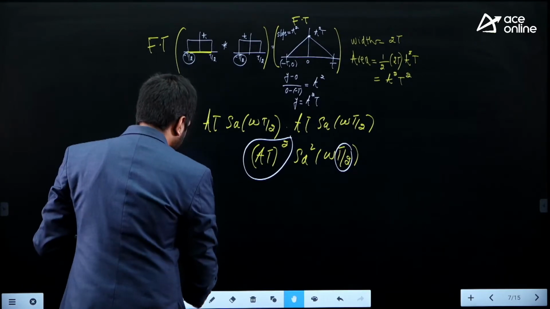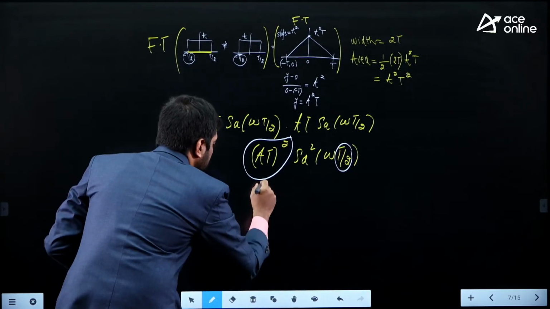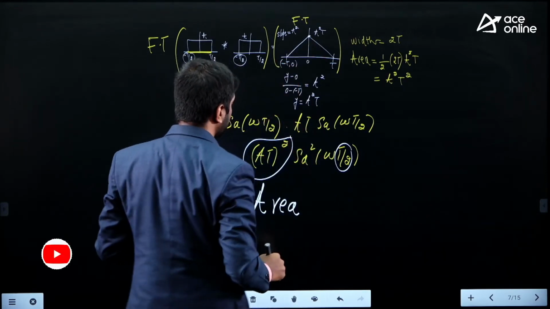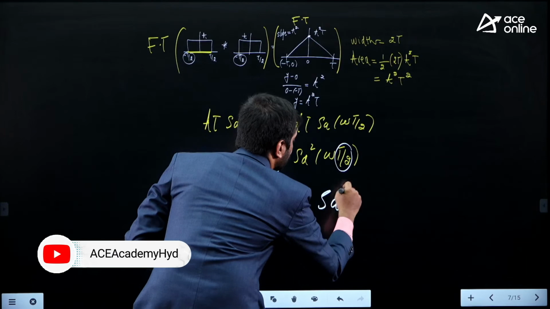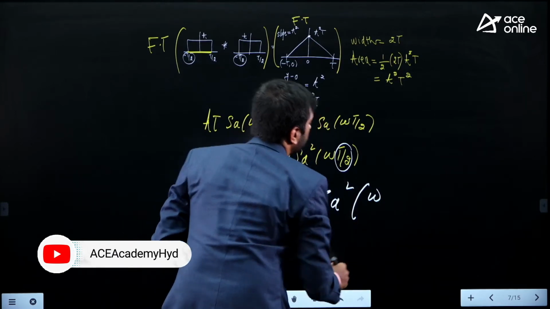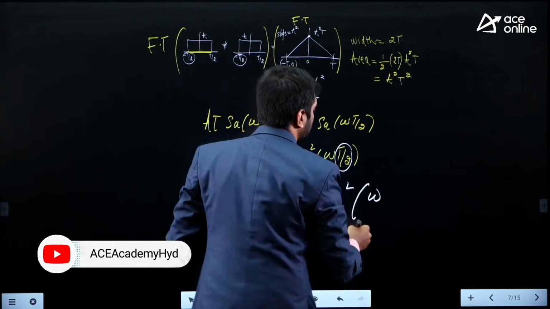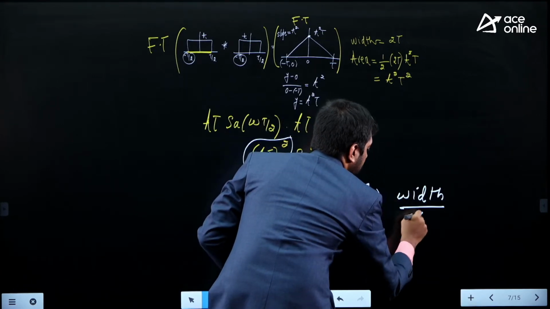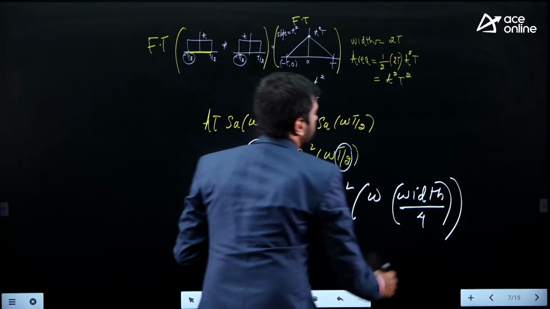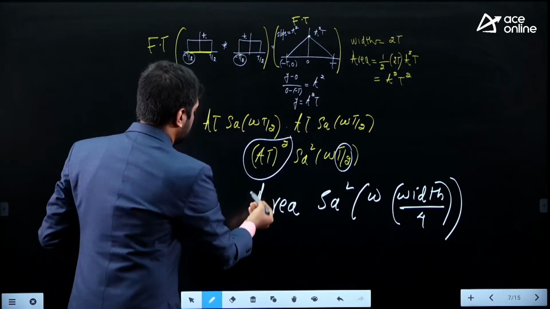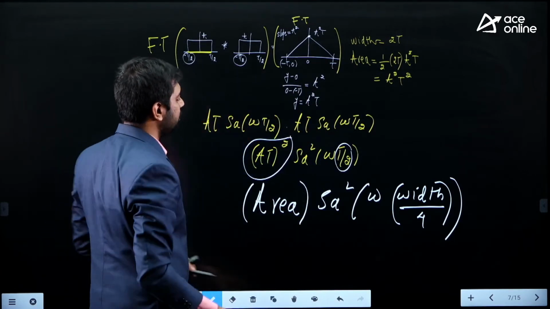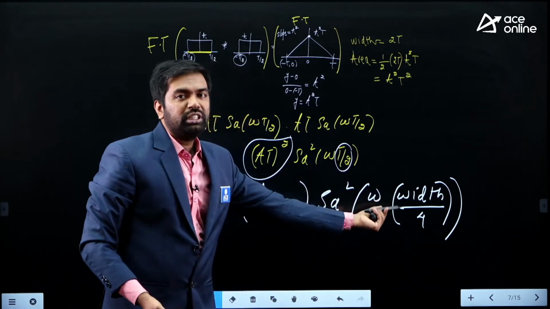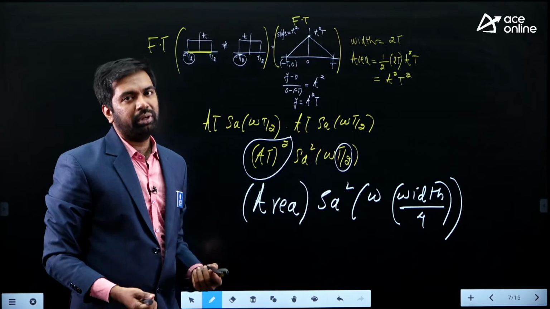We can write this as: area of this triangular pulse into Sa square(omega into width by 4), the width of the triangular pulse by 4.